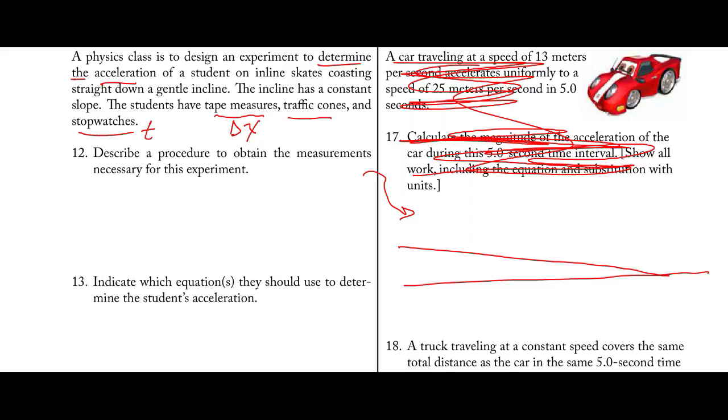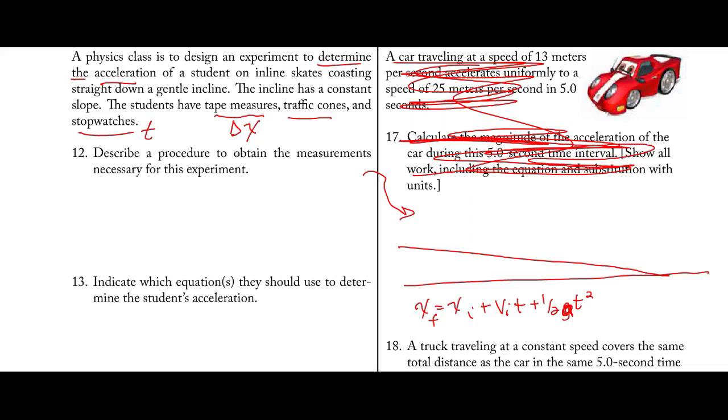But I need one with time, okay? And I also need one with distance. So if you look at kinematic equation number 2, x final equals x initial plus initial velocity t plus 1/2 at squared, I'm sorry, we're not in vertical yet.